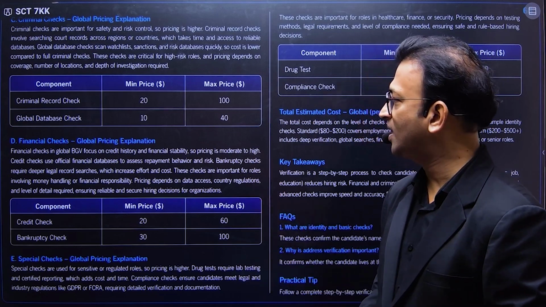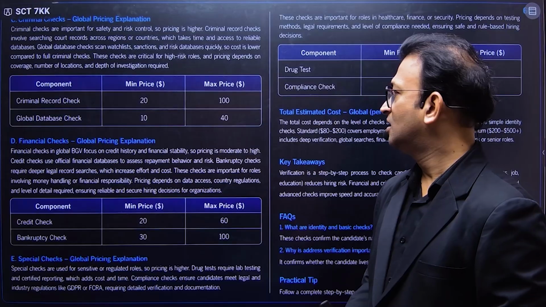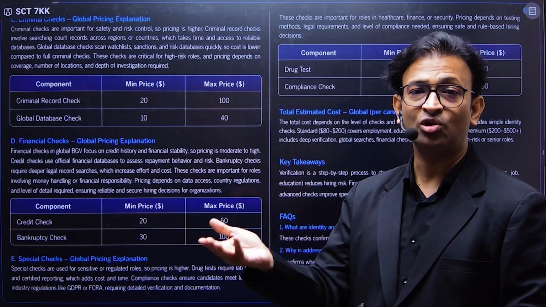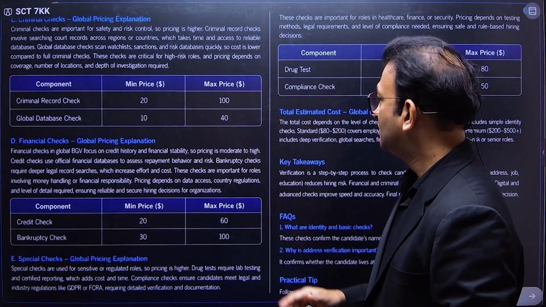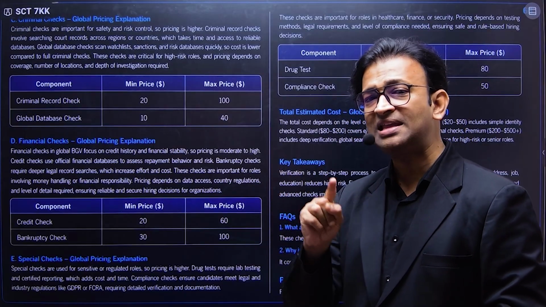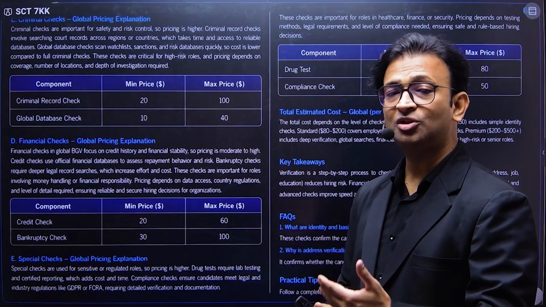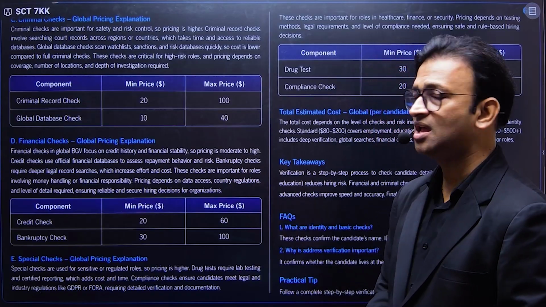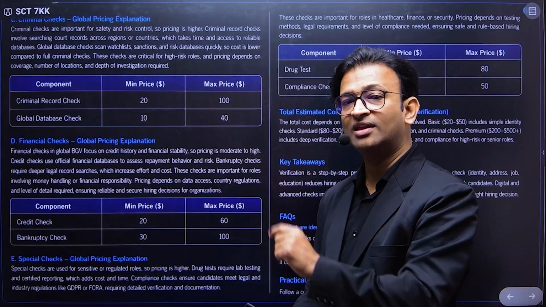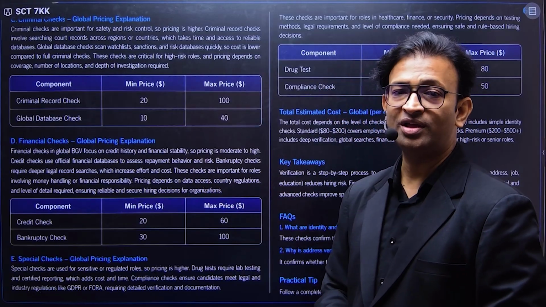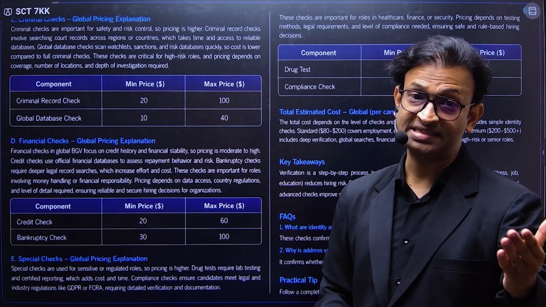Bankruptcy checks require deeper legal record searches, which increases effort and the cost involved. These checks are very important for roles involving finance, money handling or financial responsibility. Pricing depends on data access, country-to-country regulations, and level of detail required, ensuring a secure hiring process in the end.